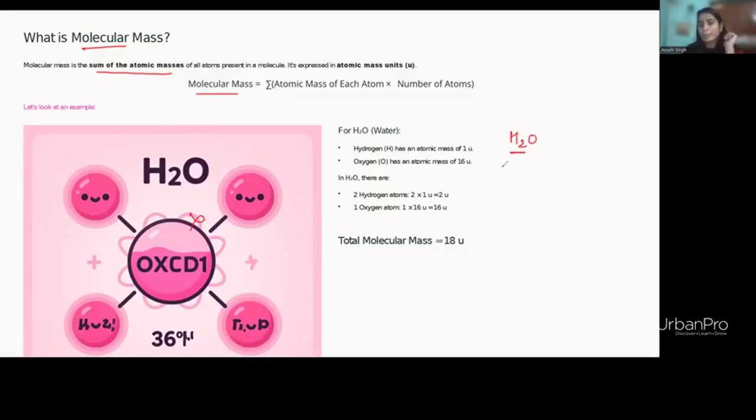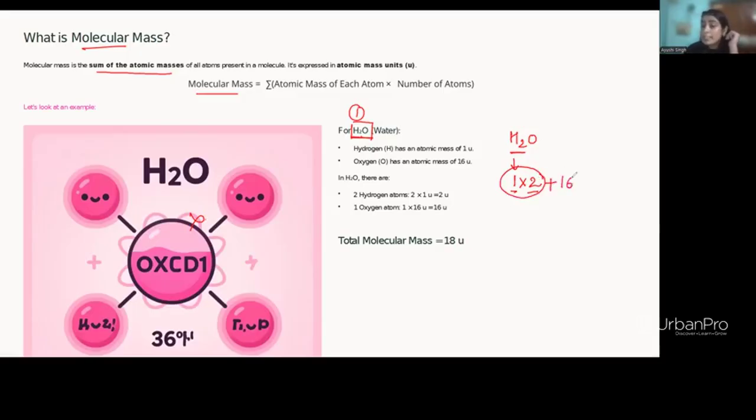There are two atoms of hydrogen, right? So we will take the atomic mass of hydrogen, that is 1, and multiply it by 2. But then we have to get the molecular mass of water, to be precise. One molecule of water has hydrogen, the mass of hydrogen is 1, and there are 2 hydrogens, so it will be 1 into 2 plus, what is the mass of oxygen?